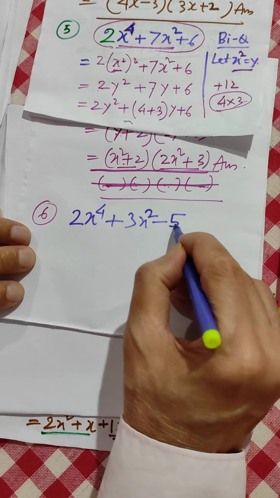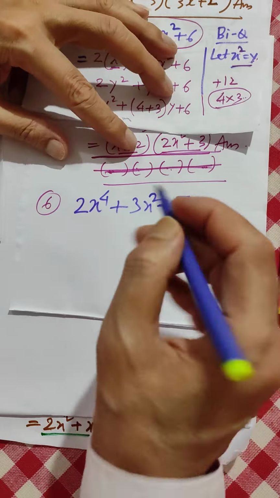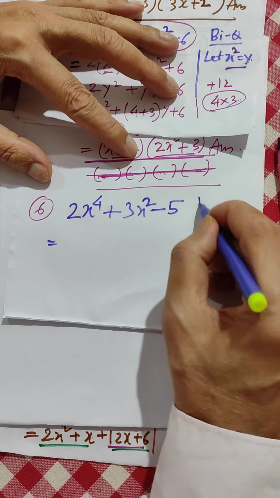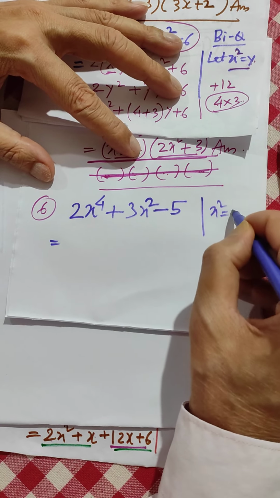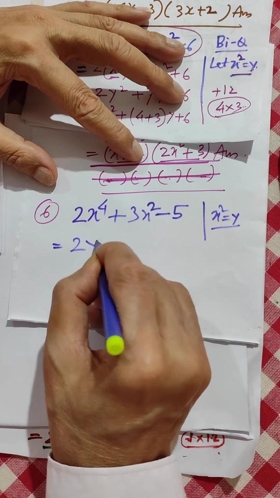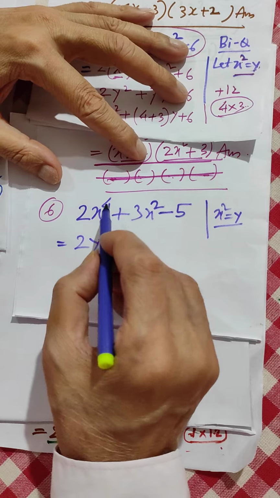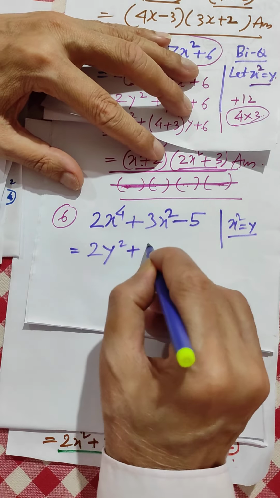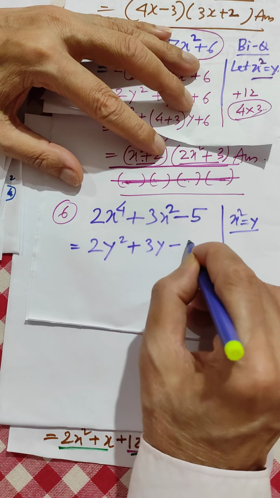Now this came in exams several times, in NCERT. Take care. So see properly. Now again we'll put y for x square. We'll substitute. So this will become 2y square, because x square square before. So it will be 2y square plus 3y minus 5.